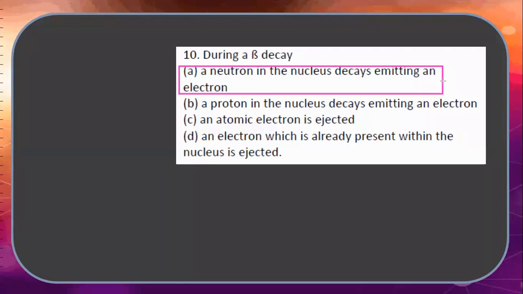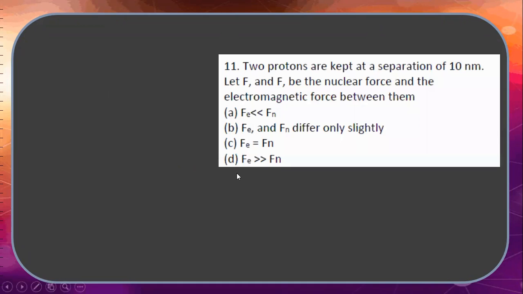That I have explained just now. So a neutron in the nucleus decays and emits an electron. In the beta decay, either electron or positron will be released. Next, the 11th one.